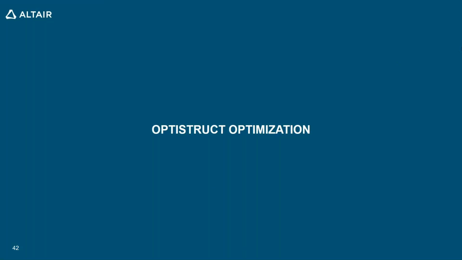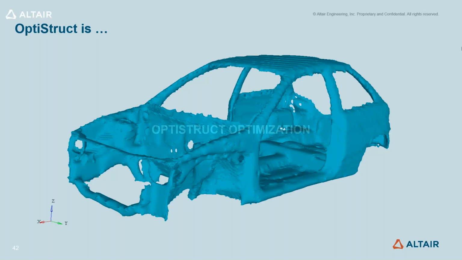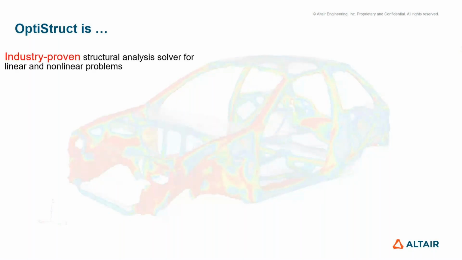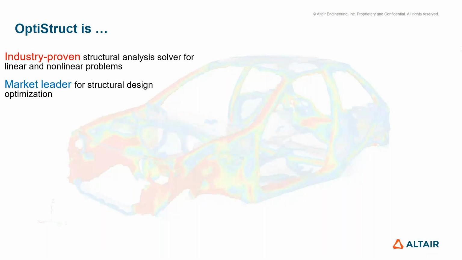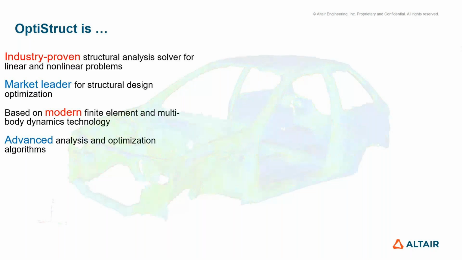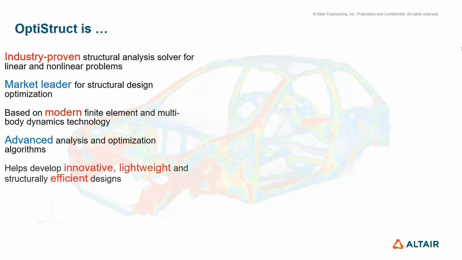Coming to OptiStruct optimization. OptiStruct optimization is the industry proven structural analysis solver for linear and nonlinear problems. It is the market leader for structural design and optimization, and it uses advanced optimization algorithms for developing innovative, lightweight, and structurally efficient designs.